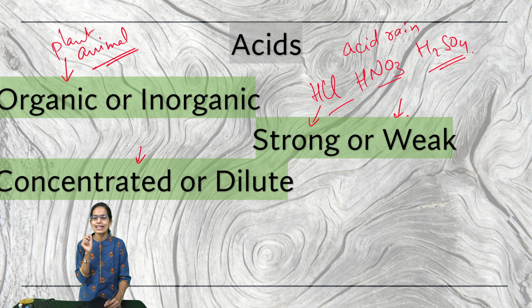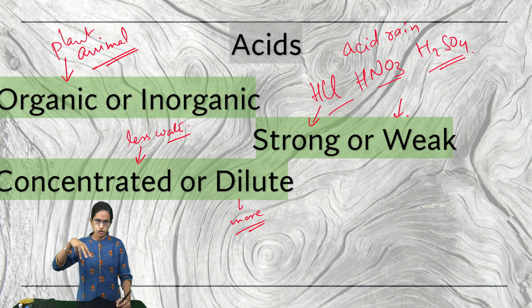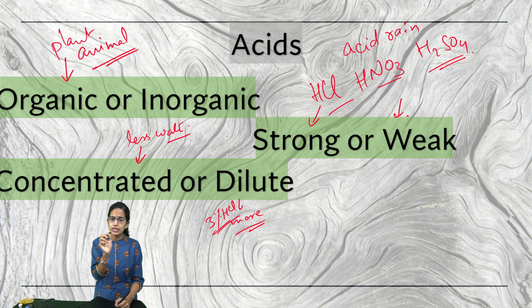Concentrated means very little water is present. However, when I say dilute, you have more water in which it is dissolved. So 3% HCl is a diluted HCl. Strong acids are usually diluted in order to avoid any kind of burn or corrosion that can occur.